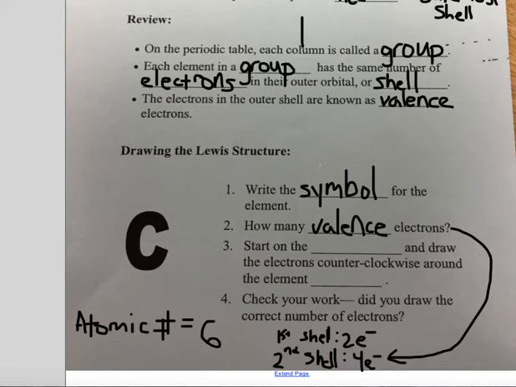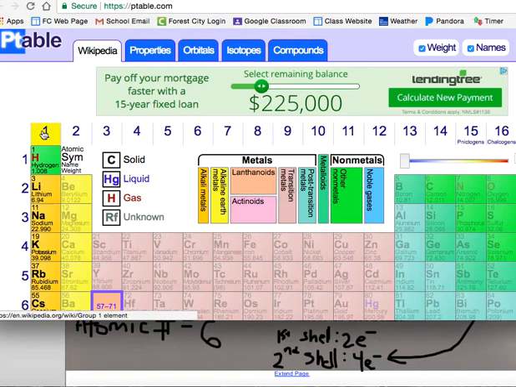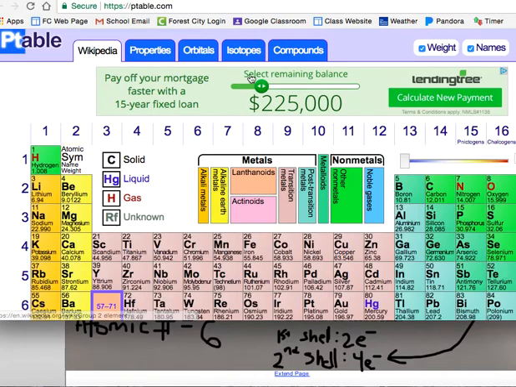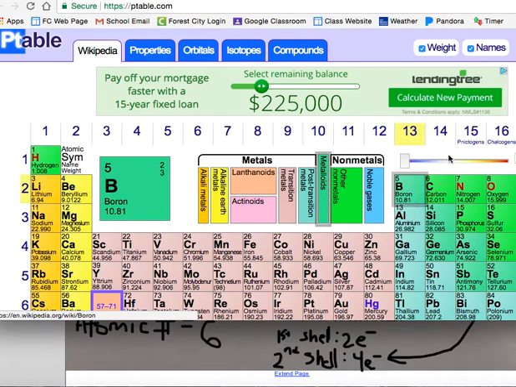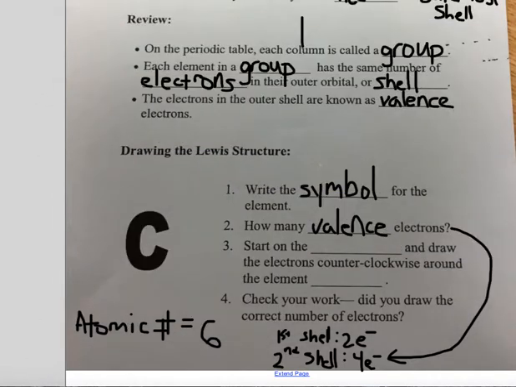You can also do that by counting the group numbers. Remember, this is group 1, group 2, jump to the side. This is group 3, group 4. It's in group 4, so that means it has 4 valence electrons. Once I know the number of valence electrons, I have to put them around my symbol.